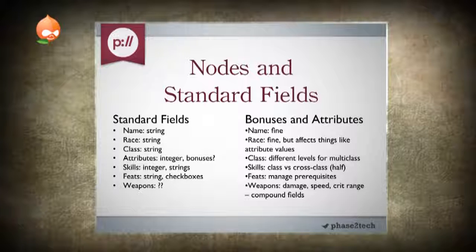So let's examine what we could actually do with the standard fields that come with Drupal. You have the character's name. Easy enough, right? I mean, that's usually the first place we start. It's a string. Fine. All right, moving on, you've got the character's race. That's another string, but you start having to worry about the fact that a character's race is going to affect the ability scores.